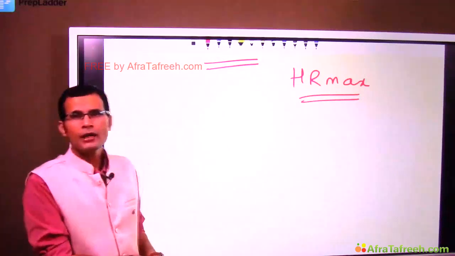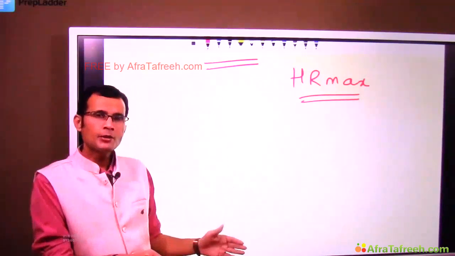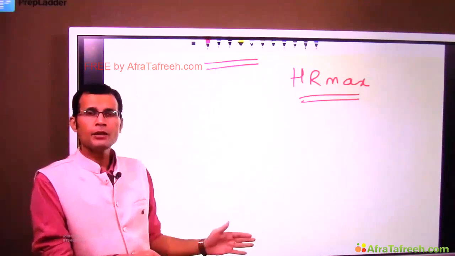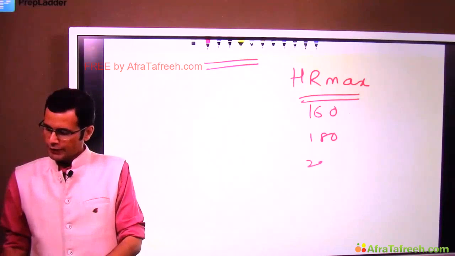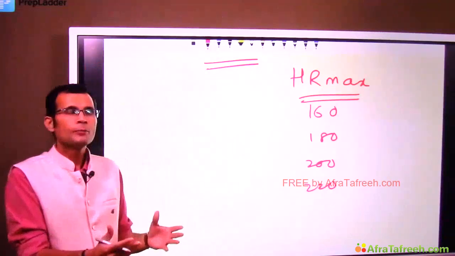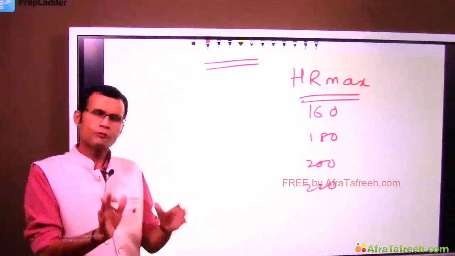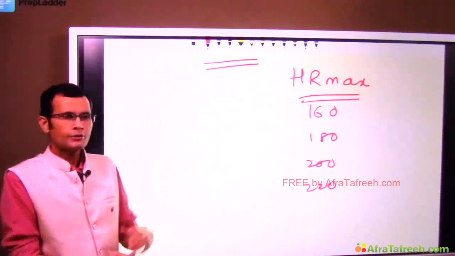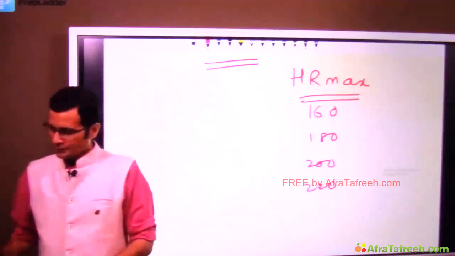The options given are 160 beats per minute, 180 beats per minute, 200 beats per minute, or 220 beats per minute. What will be the maximum heart rate for a 40-year-old, let's say, athlete or physically active person on the treadmill? So what's your answer on this?